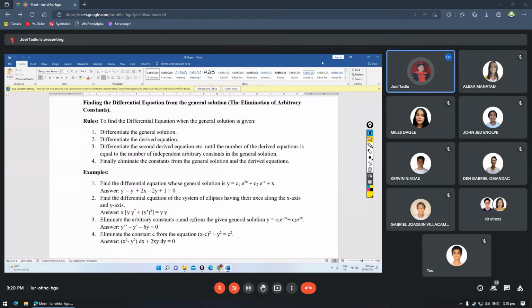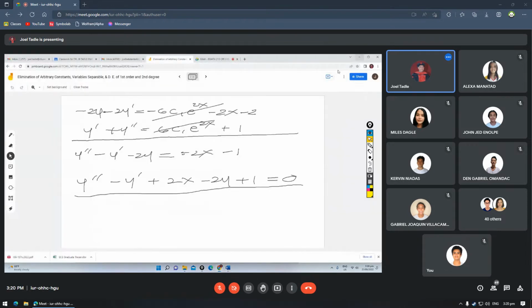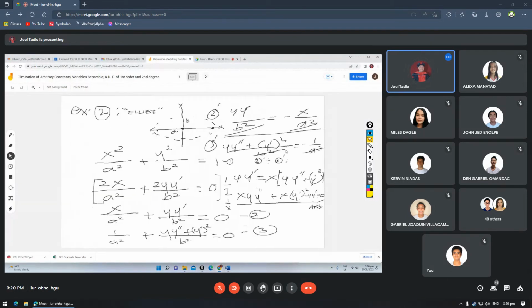I-check kung naghigda ba gyud ang atong ellipse. Oh, naghigda gyud atong ellipse, no? So ang major axis mao na siya ang taas nga axis sa ellipse. Unya ang minor ang mubo, no? So here we have the standard equation of an ellipse where the major axis is along the x-axis.